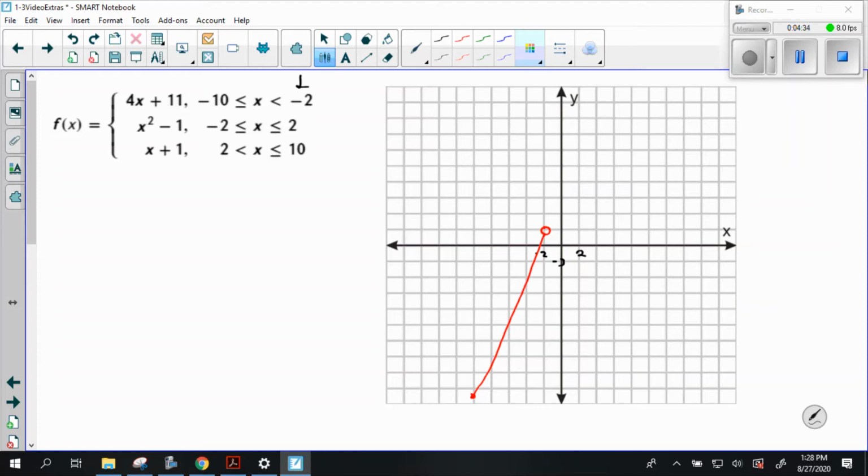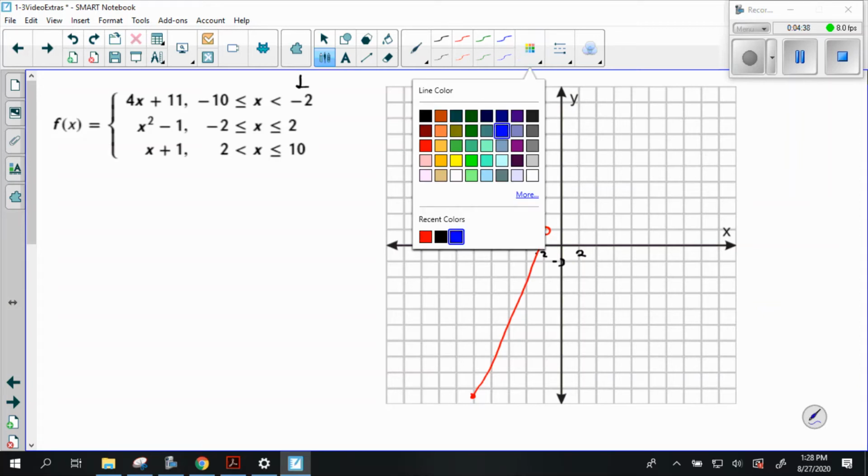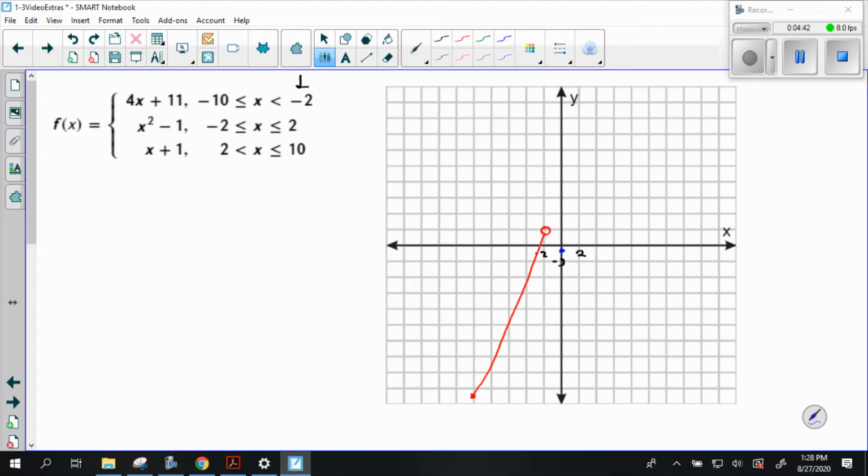So we know that its vertex is 1 unit down, right there. And what's happening at negative 2? Well, when x is negative 2, y is positive 3. So it's going to come up here, but it's not being allowed to touch it.